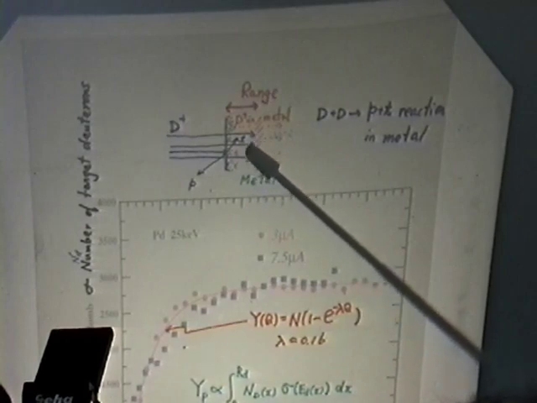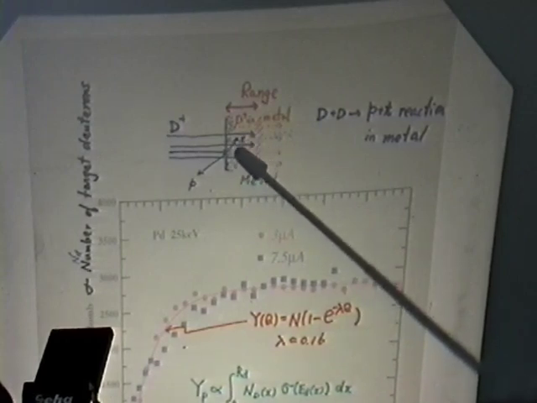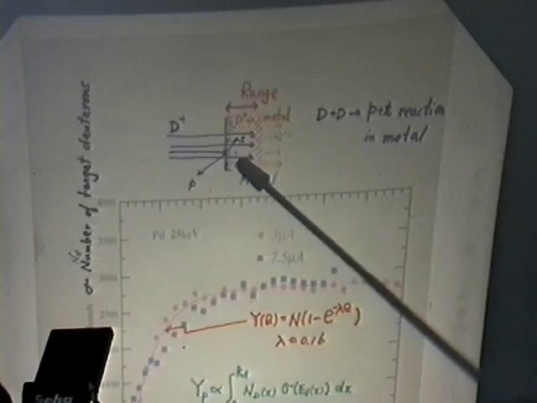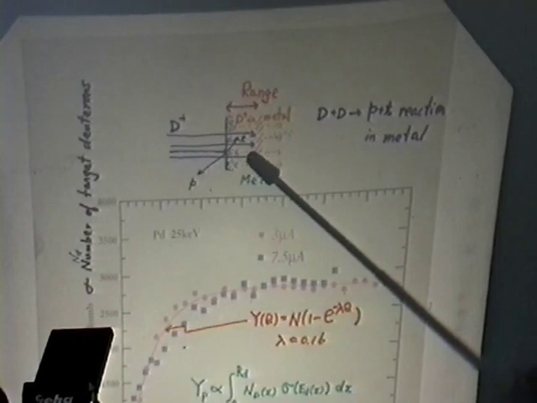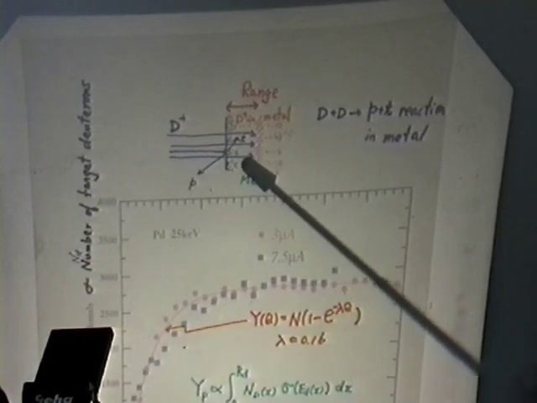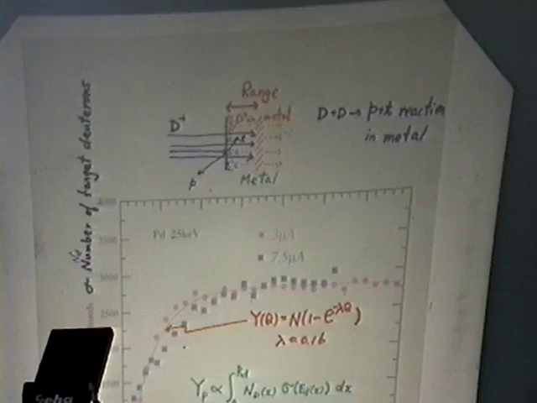Another deuteron can make a reaction just close to the surface, because if you go deeper from the surface, then you lose the energy. Therefore, the reaction rate is going down.